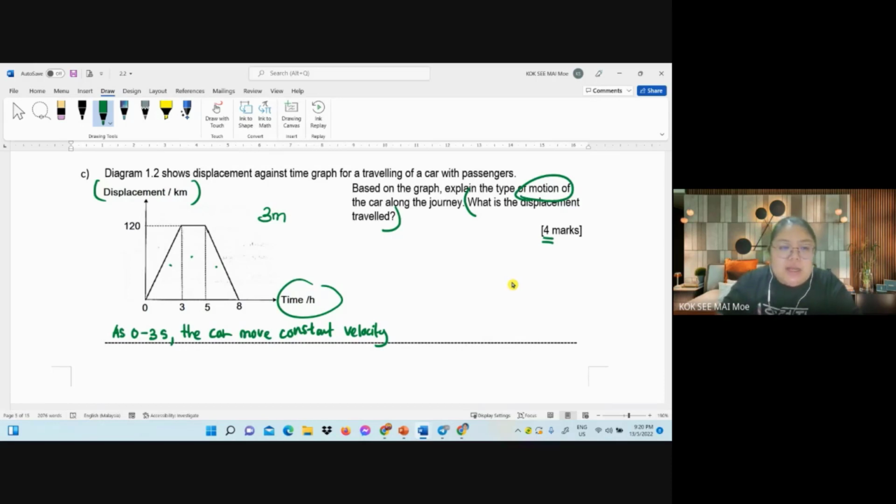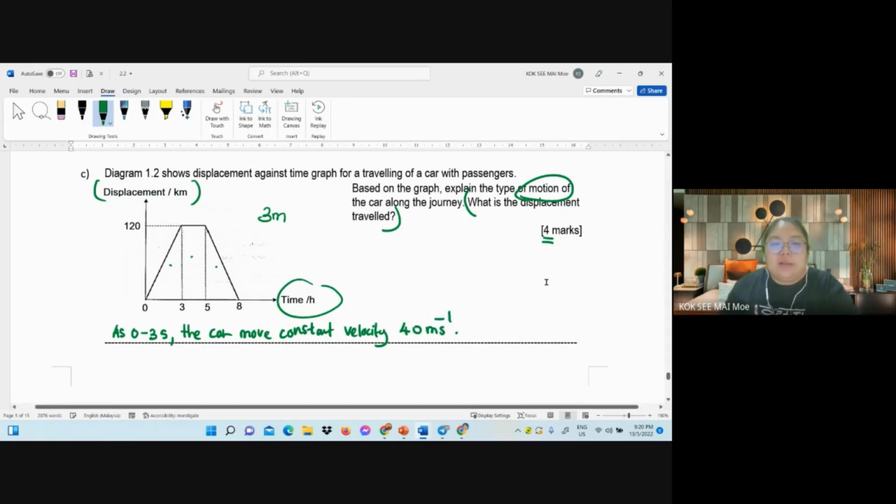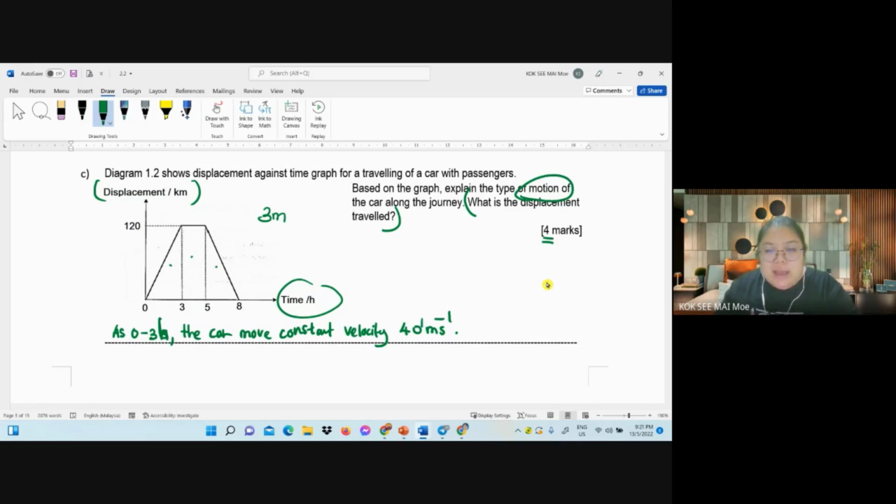Constant how many? 120 over 3, so you get 40. 40 ms negative 1. Okay, this one is the first mark. Okay, 0 to 3 seconds. Sorry, it's not second, hour. Okay, hour. Okay, the car move constant velocity km per hour. So wrong. Move 40 kilometers per hour.